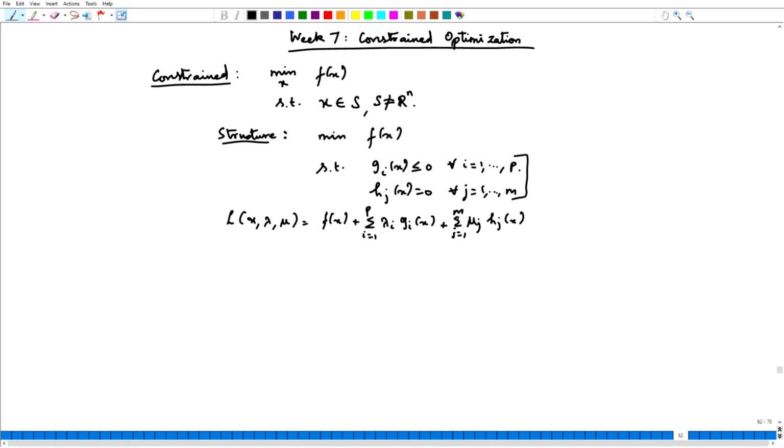Now, the first condition is that the gradient of L over x must be equal to 0. That means gradient of f of x star plus summation lambda i star gradient of g i of x star plus summation mu j star gradient of h j of x star must be equal to 0.